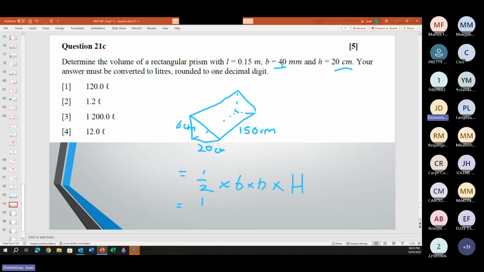So a half times base times that height times the full height of 150. So 0.5 times 20 times 4 times 150, times 20.